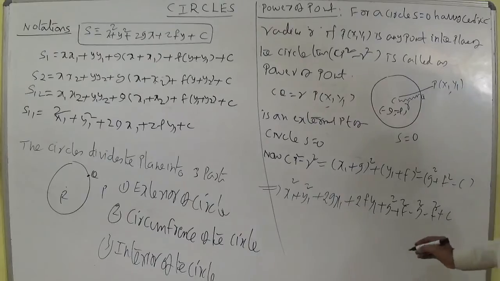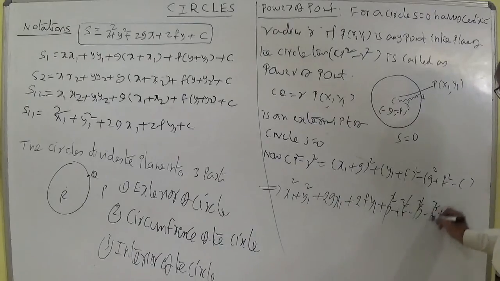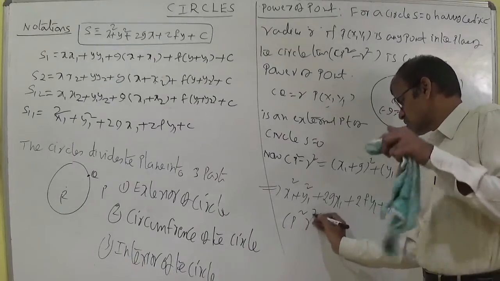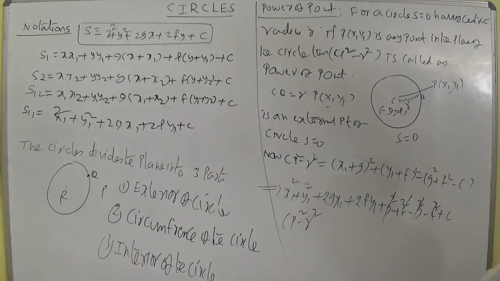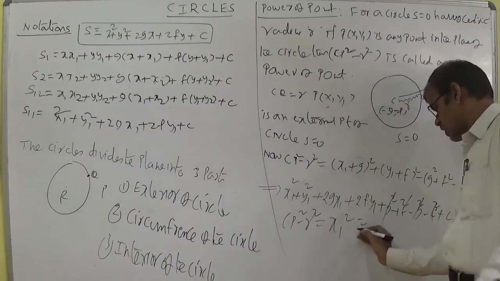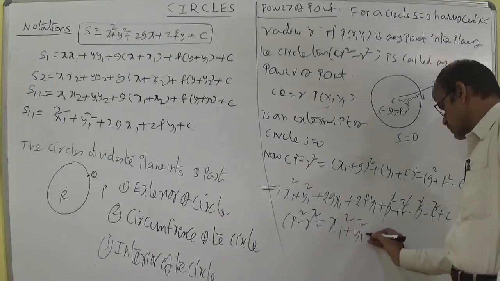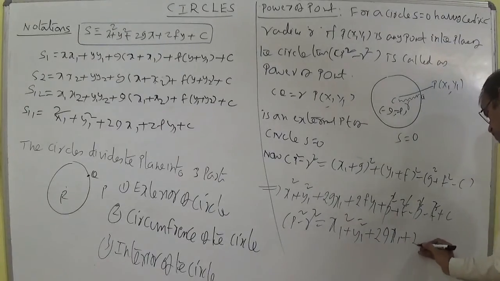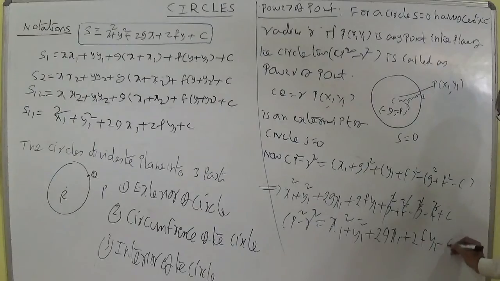What can you say? g square gets cancelled, f square gets cancelled. So CP square minus r square we got as x1 square plus y1 square plus 2g x1 plus 2f y1 plus c.